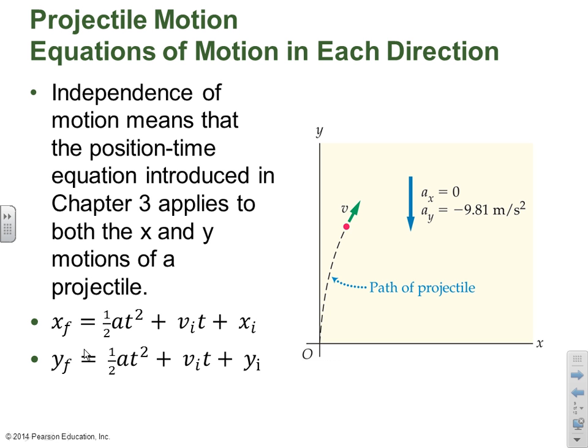Okay? But those equations representing the position of an accelerating object at a specific time can be used to describe an object moving in 2 dimensions, a projectile. But you need to have 2 equations because there are 2 motions.